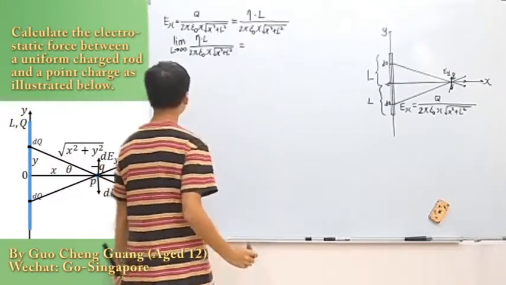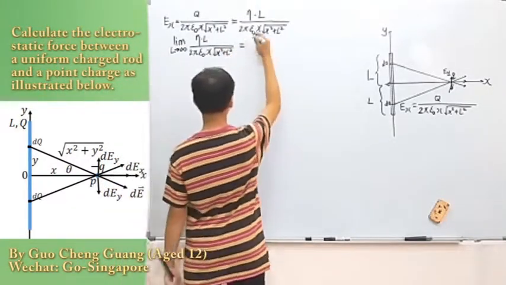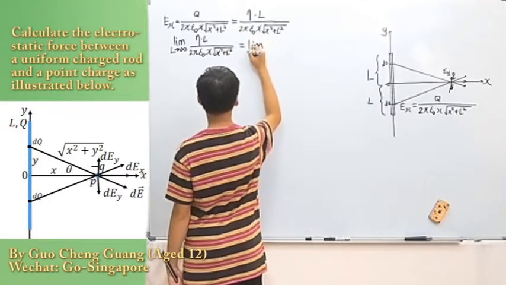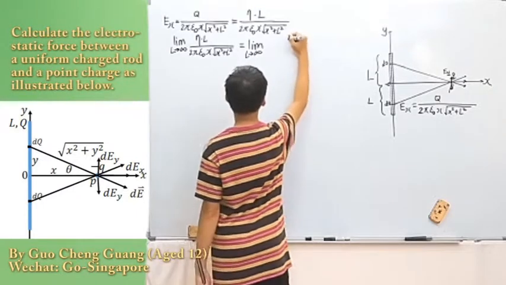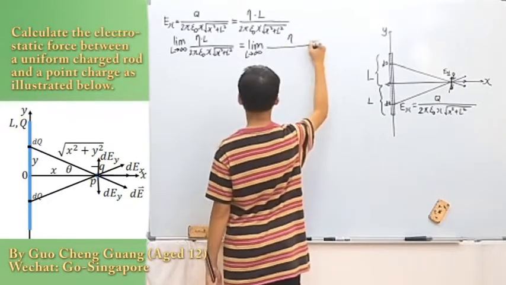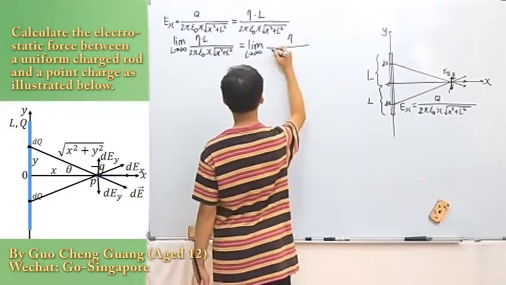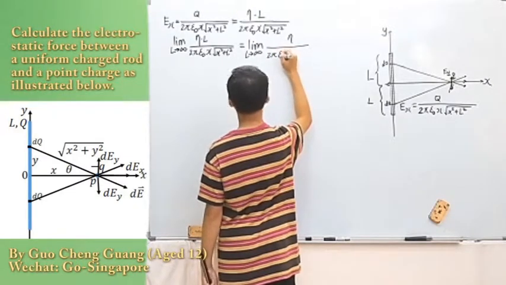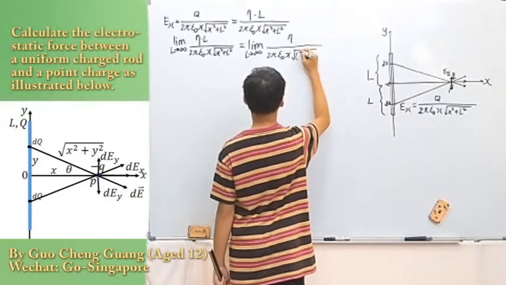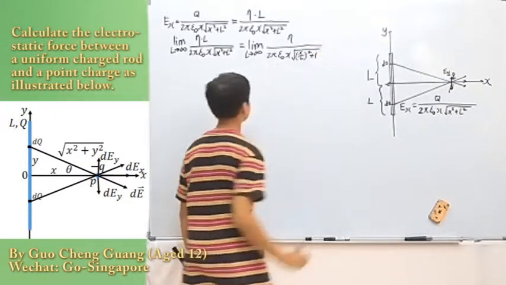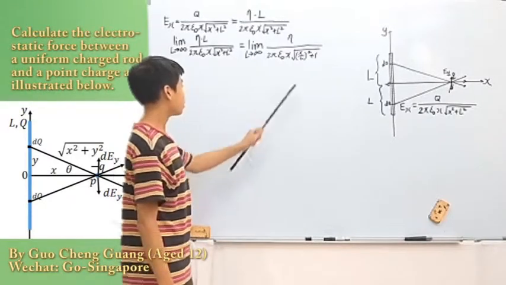From our limit here, we can divide L on both sides. So in the numerator you have eta, and below, 2 pi epsilon naught x times the square root of x over L squared, plus 1.